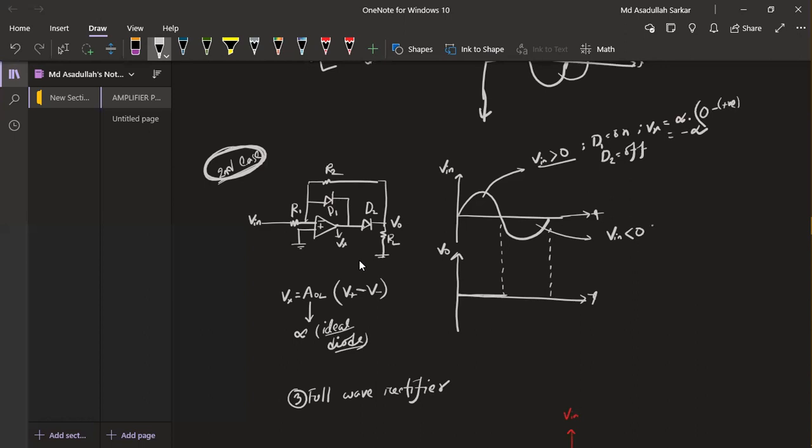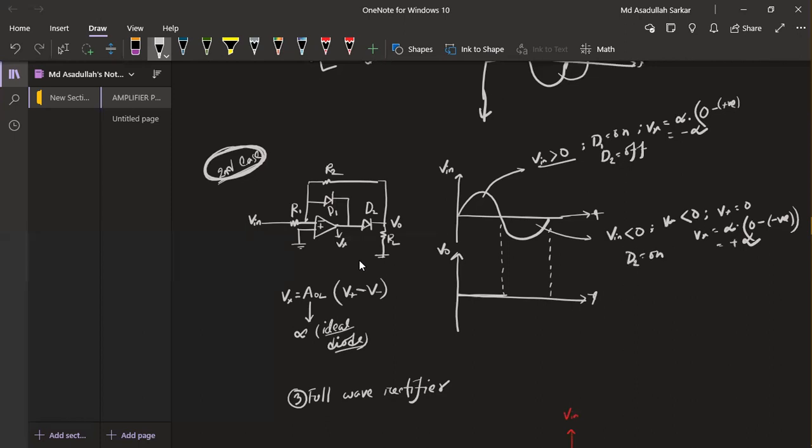For the negative half cycle, V input is less than 0, and we assume the voltage V minus is also less than 0, and V positive is 0. So Vx will be infinite multiplied by (0 minus a negative value), which is a positive voltage. If Vx is positive, then D2 will be on.